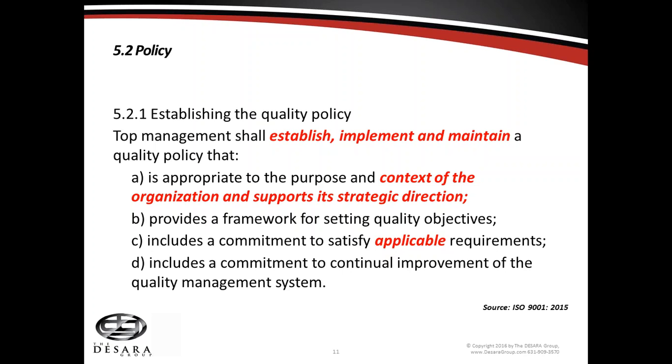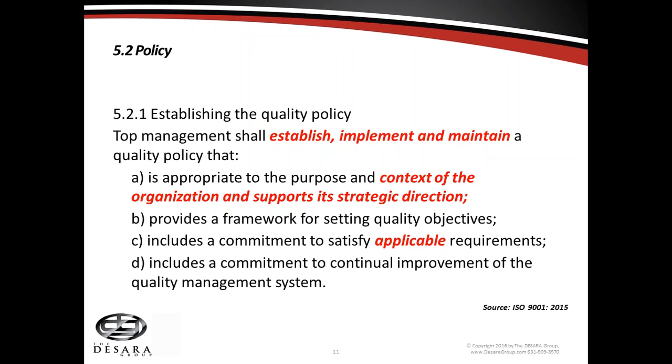So I should be able to make a linkage between this quality policy and the strategic direction of the company. Again, it gives us as auditors something to look for. What is the linkage? What's your quality policy? Show me how it links to the strategic direction of the organization.